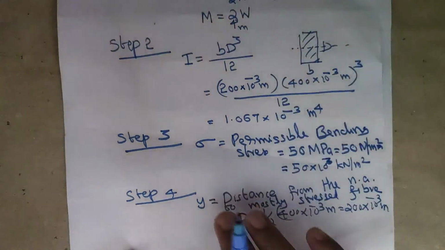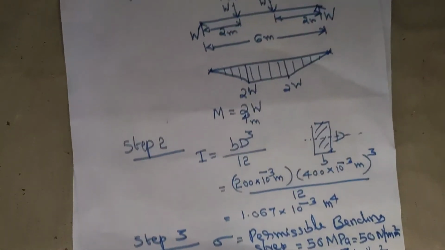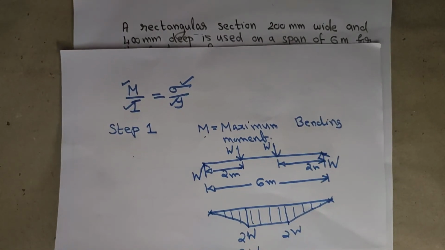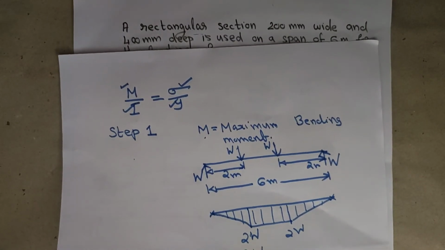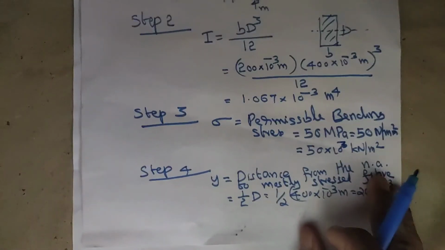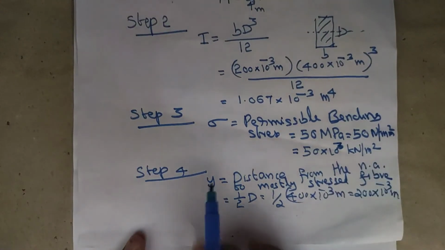Now we will plug in all these values that we have found into the equation M by I equal to sigma by Y, and that will give the value of W. So just substitute M by I equal to sigma by Y. What is M?